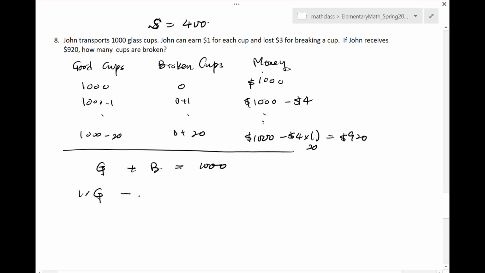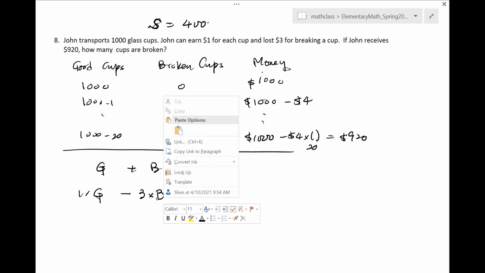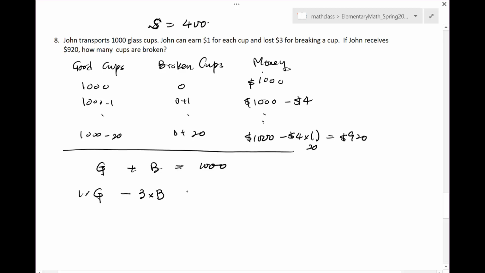For every broken cup, you have to subtract 3 times the number of broken cups. So in total, you earn 920. Okay. So you want to find out how many of them are broken.